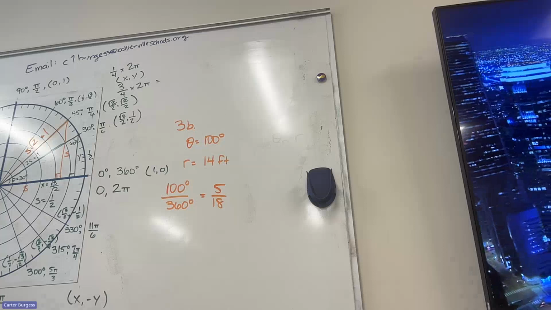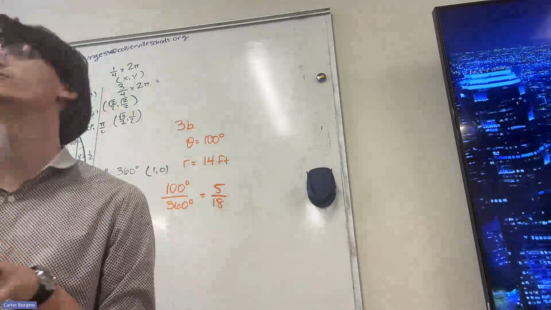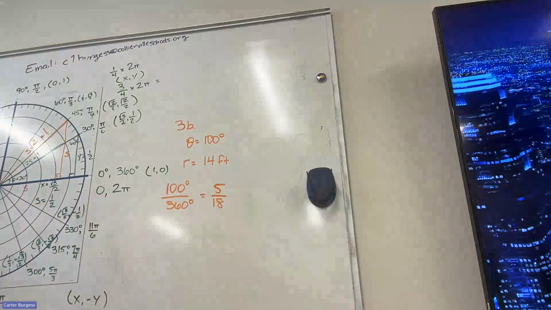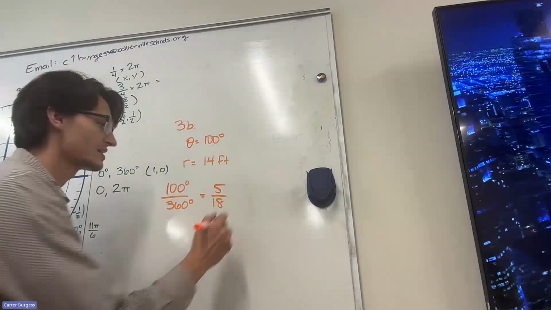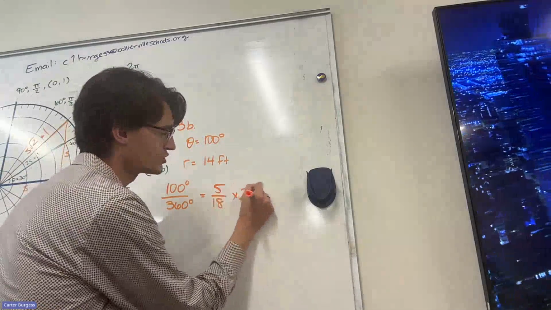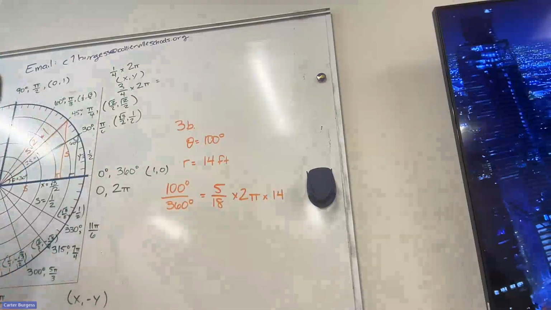Okay, so this is our fraction of our circle. How do I use this then to find my arc length? Let's start there. Multiply by the circumference, in this case, multiply by 2 times pi times 14.